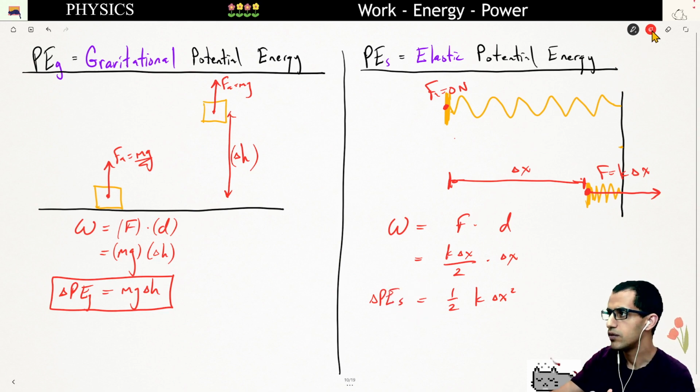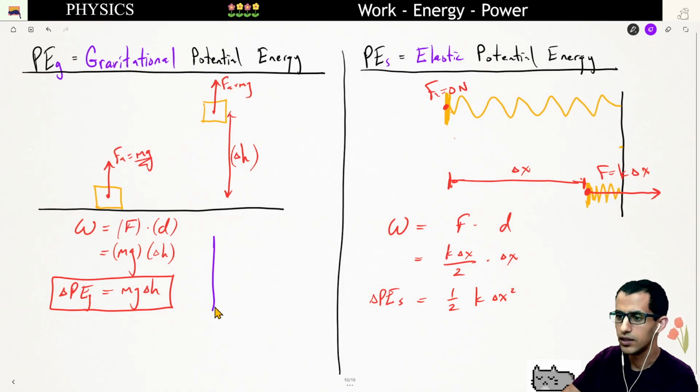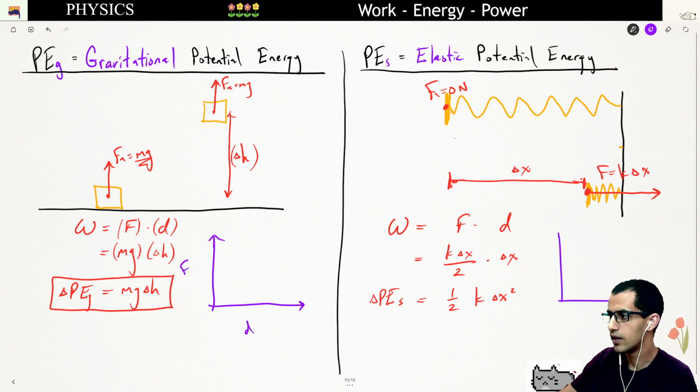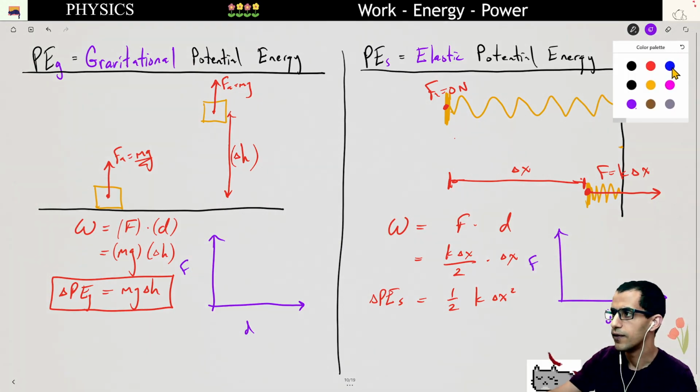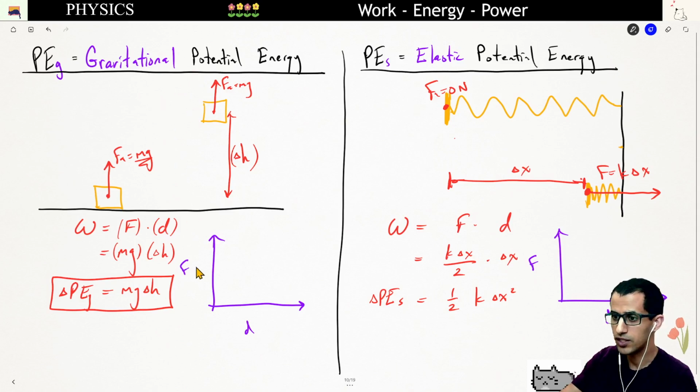Another way to look at this is by graphing the force versus displacement for both of them. So the force here for the gravitational potential energy is equal to m times g, and the displacement we refer to as h.